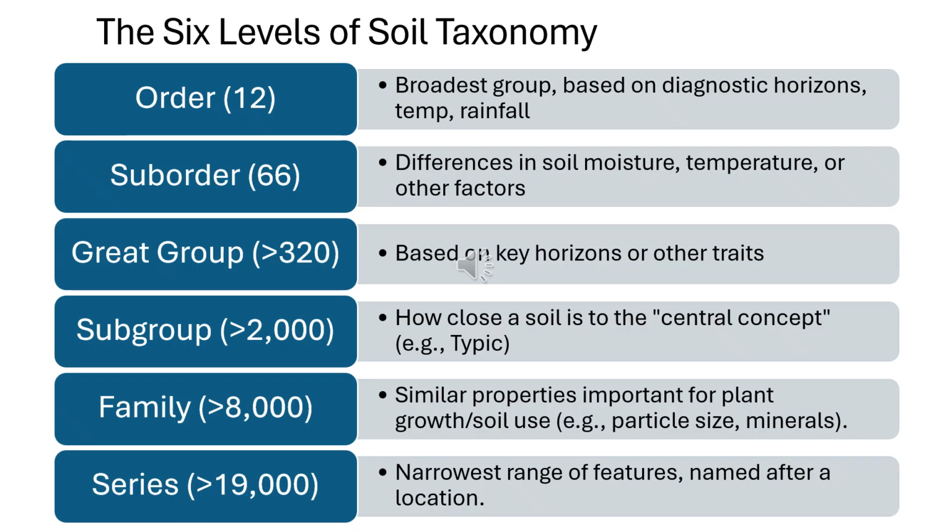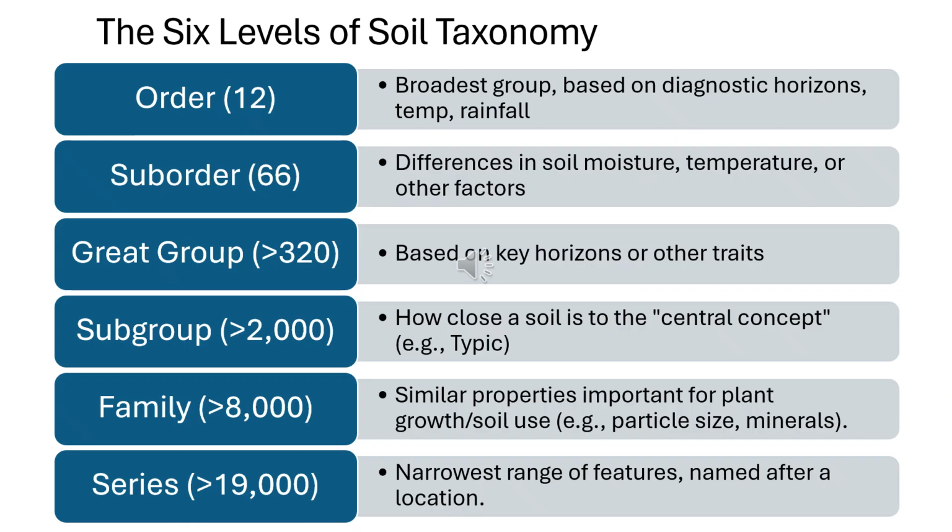For instance, a typic subgroup perfectly matches the central concept. Then we have families, over 8,000 of those, which group soils into similar properties important for plant growth and soil use, like particle size or what minerals make them up.